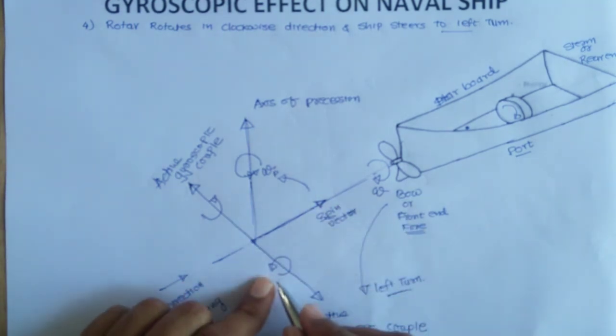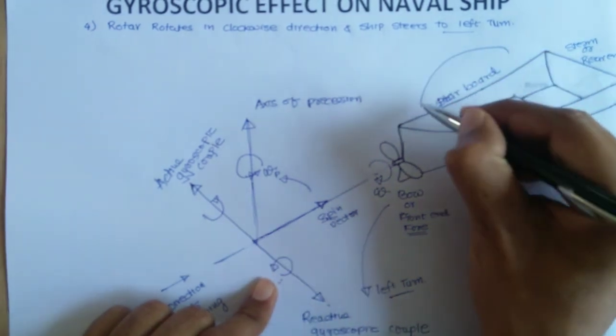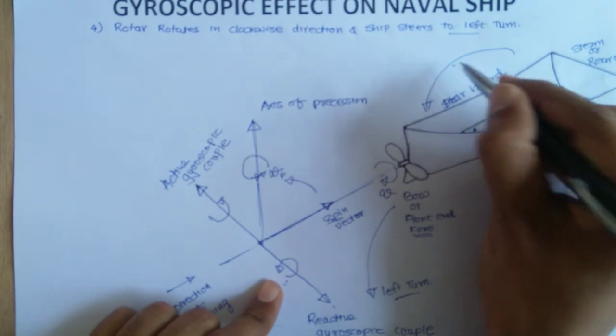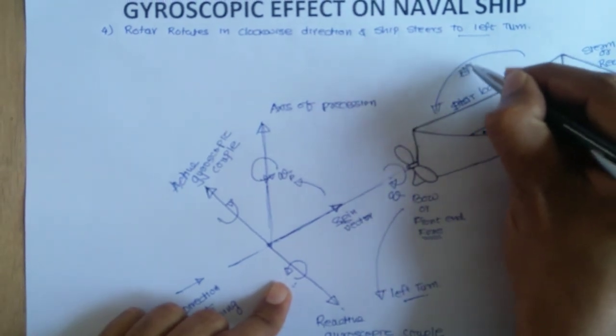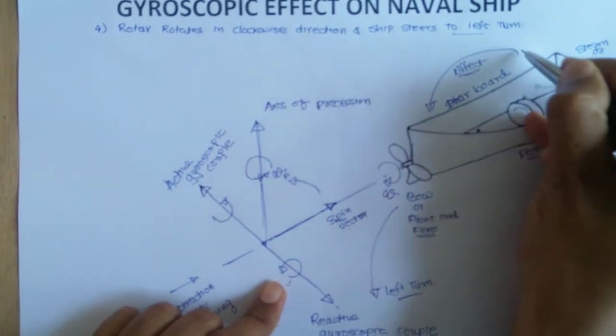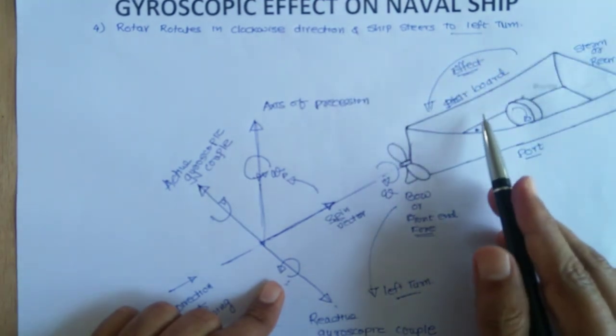If we transfer the effect of the reactive gyroscopic couple on the ship, then this is the effect of the reactive gyroscopic couple.